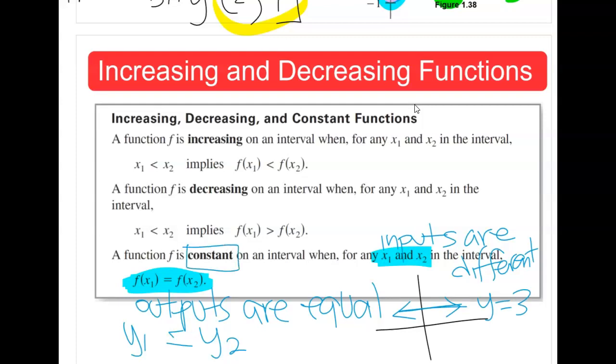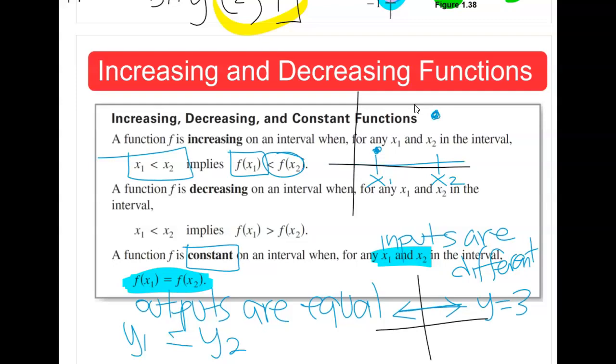So that will be constant. The function is constant. Now, the function will be increasing if we have x sub 1 less than x sub 2. So in the number line, x sub 1 will be smaller, so it will be to the left. And for example, the y value that corresponds to x sub 1 is, let's say, down here, and the other one is going to be bigger, like let's say here. So that would represent increasing.